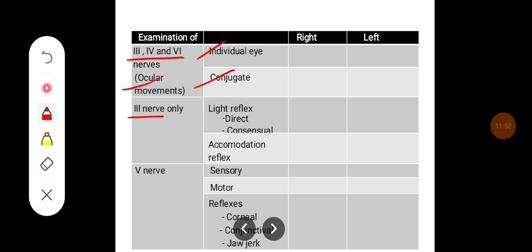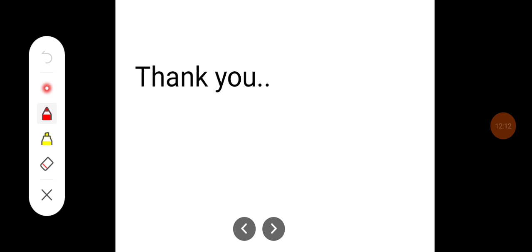And for the third nerve, the light reflex, the direct and consensual light reflex, accommodation reflex, and for the fifth nerve, the sensory, motor and reflexes should be mentioned. So this is how you are going to examine the cranial nerves which are related to the ocular movements and the trigeminal nerve. Thank you.